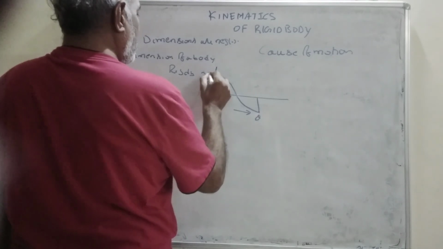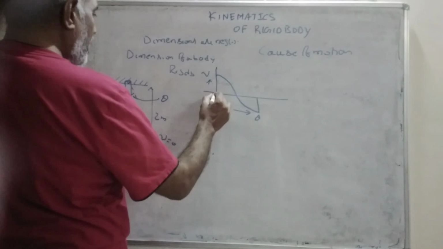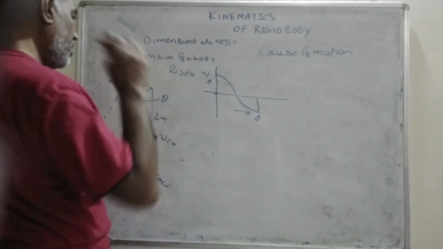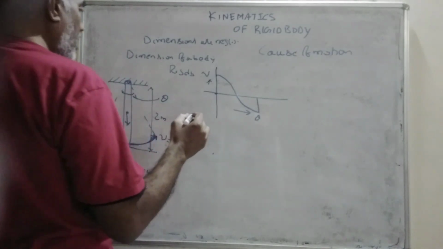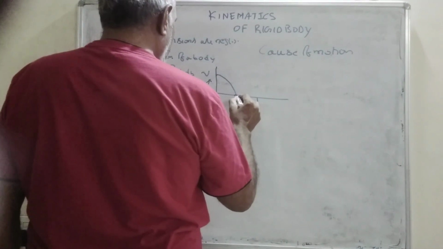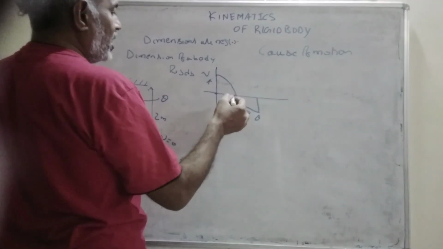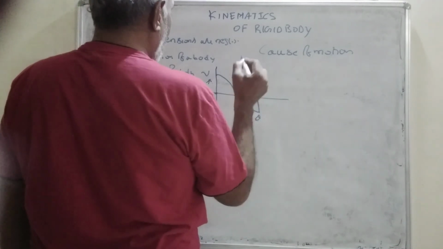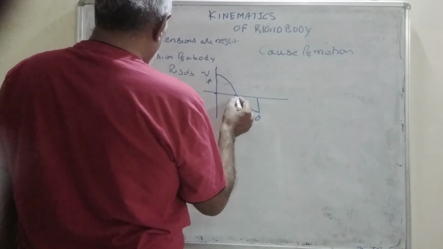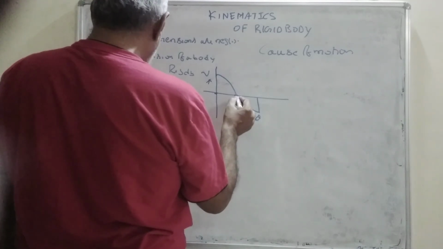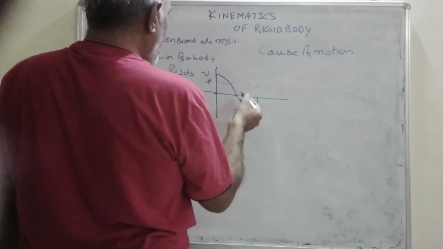This is velocity. That means at t equal to 0, theta equal to 0, it has maximum velocity. At theta equal to some value, say 30 degrees or 40 degrees, depending upon the swing, it has 0 velocity, and from this angle to the other side, it has negative velocity. So it is like this.